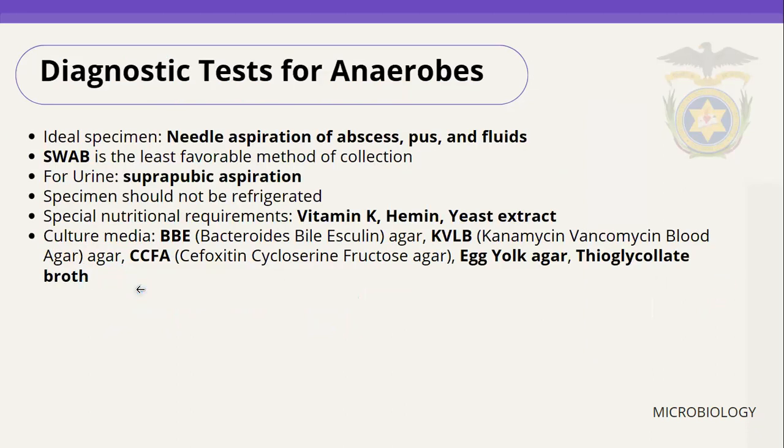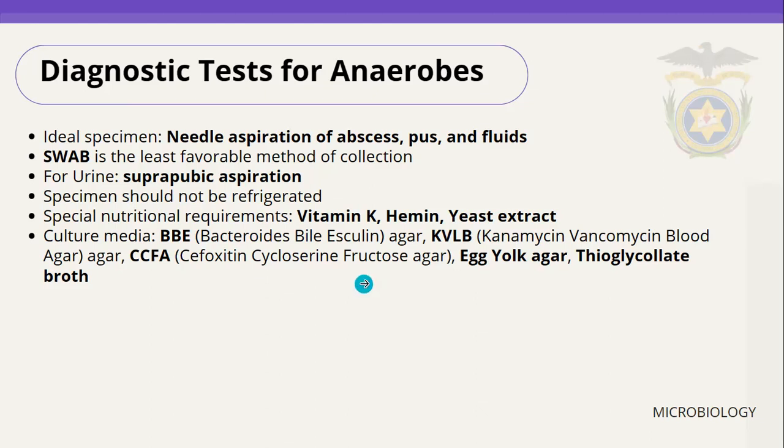And now let's proceed to the diagnostic test for anaerobes. Always remember that the ideal specimen here for anaerobes is the needle aspiration of abscess, pus, and fluids. Swab is the least favorable method of collection. For urine, we use suprapubic aspiration. Always remember that we should not refrigerate the specimen, and anaerobes require special nutritional requirements like vitamin K, hemin, and yeast extract.